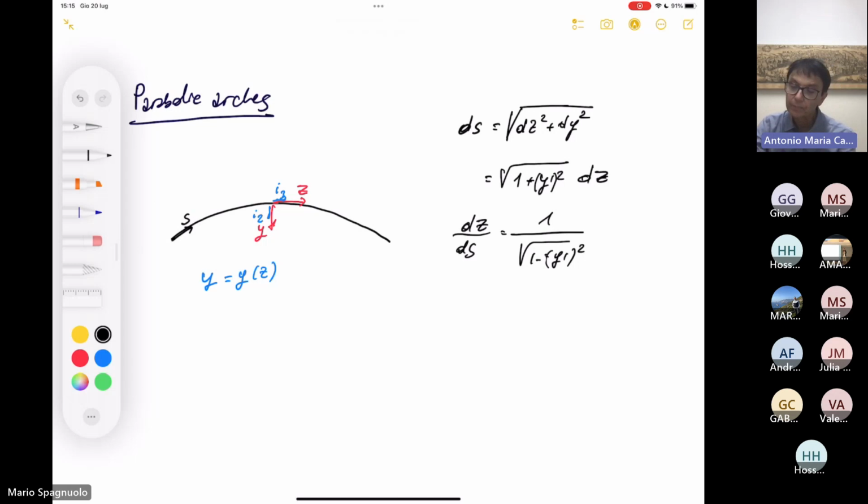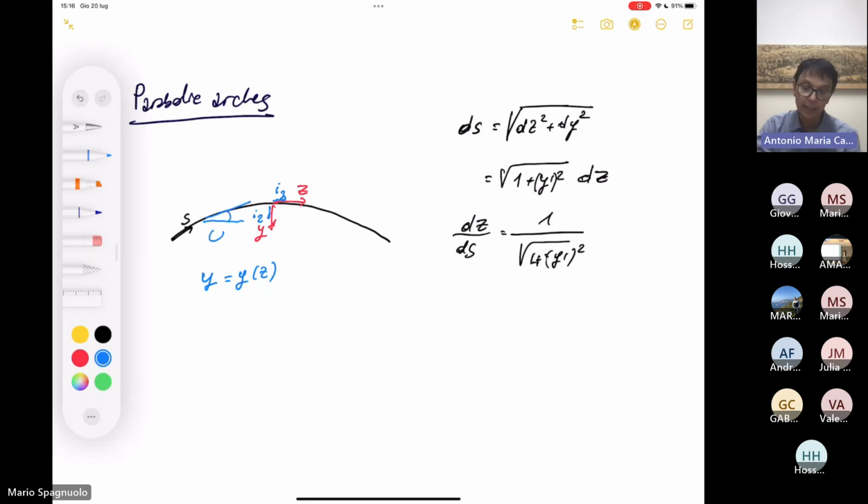Okay. So now, having this relationship, we can also compute other geometric quantities. In particular, we can introduce the angle psi, the angle which is formed by the tangent to the beam axis with the horizontal line.